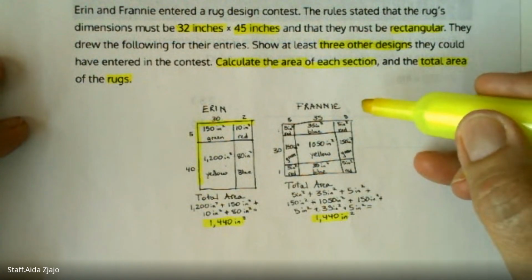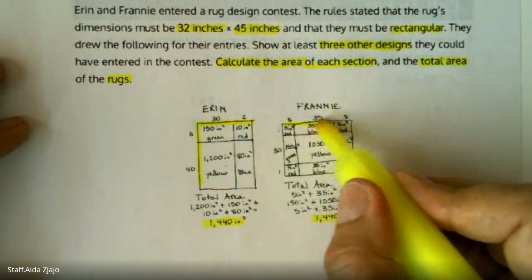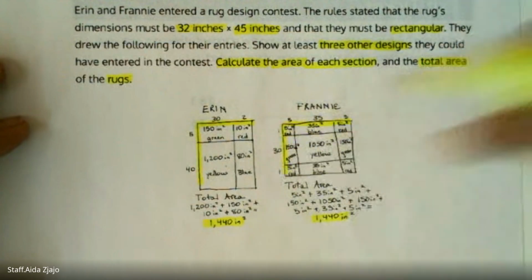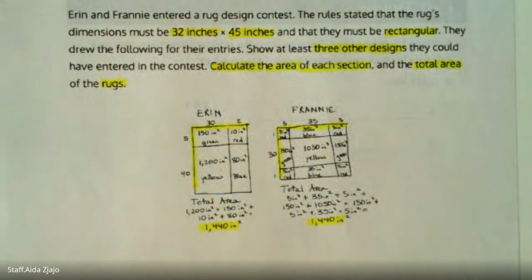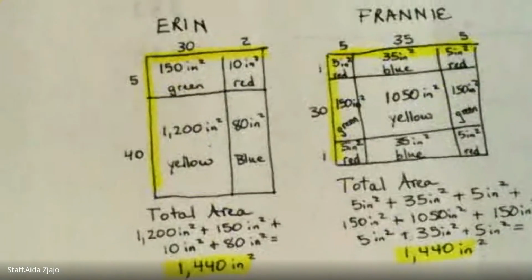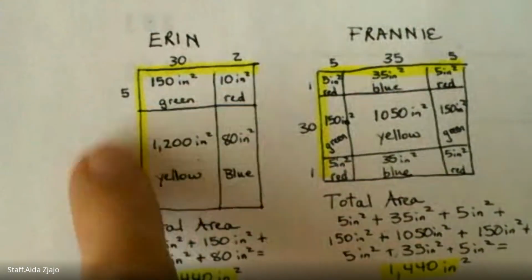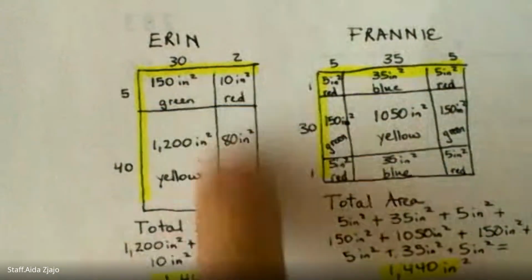So it is the same. Erin decomposed her 32 into 30 and 2 and 45 into 45. That's what we usually do.